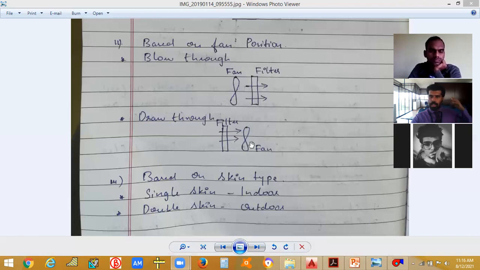So mainly we will be focusing on supplying it. When it comes to AHUs and DX units, we'll be using both fans. For the return you use this, and for the supply you use this. That's according to what we need. Now, based upon skin type, single skin indoor and double skin outdoor.